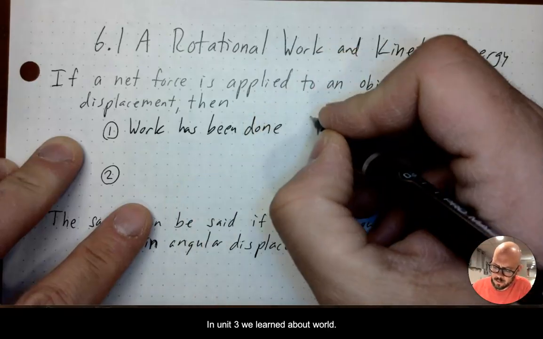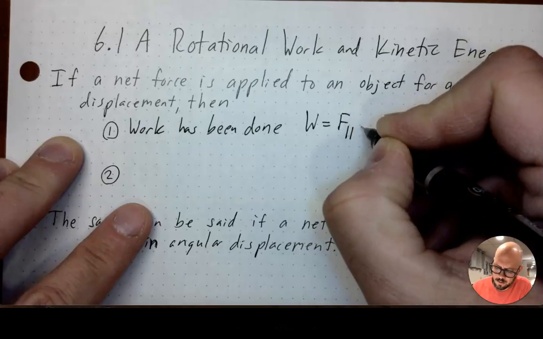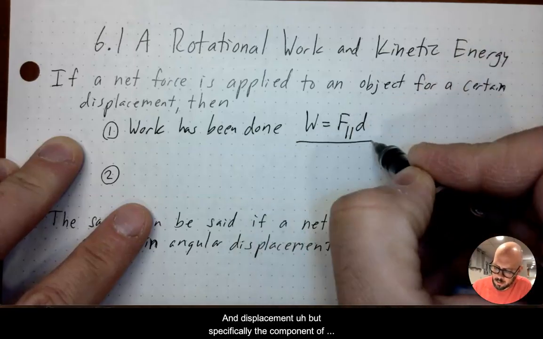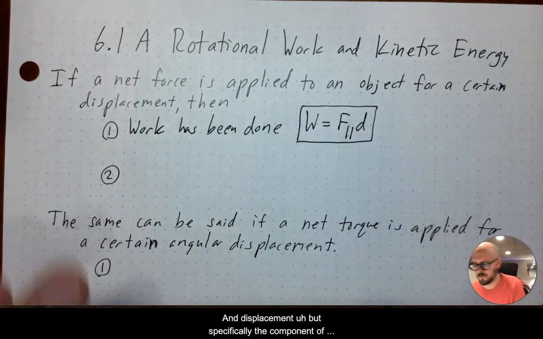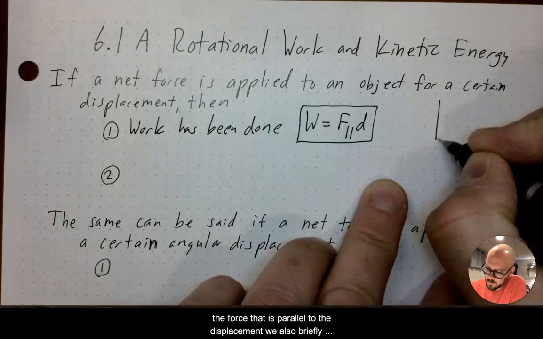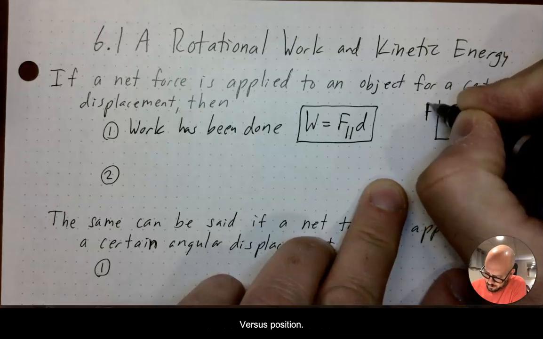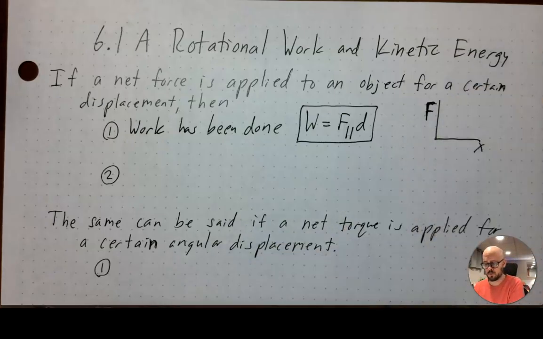In Unit 3, we learned about work being the product of the force and displacement, but specifically the component of the force that is parallel to the displacement. We also briefly talked about how a graph of force versus position can be used to calculate the work.